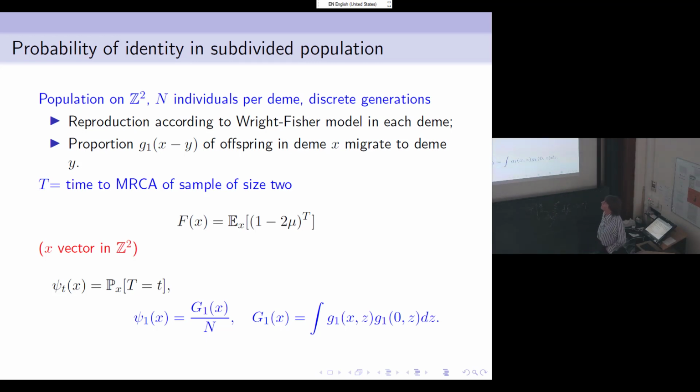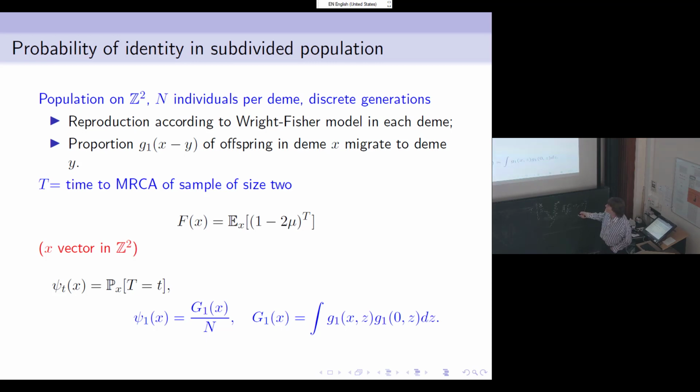So remember that just says that each offspring chooses its parent uniformly at random from the previous population, and it adopts the type of that parent. And I'm going to suppose that a proportion g1 of x minus y of offspring in deme x migrate to deme y. Okay? And we'll later take this to be a Gaussian. And the one here indicating that is one generation, as we'll see.